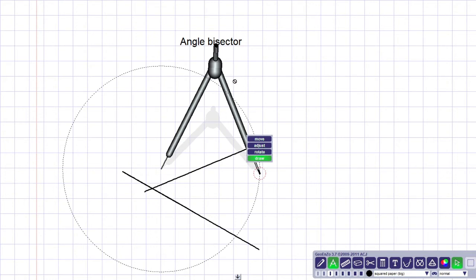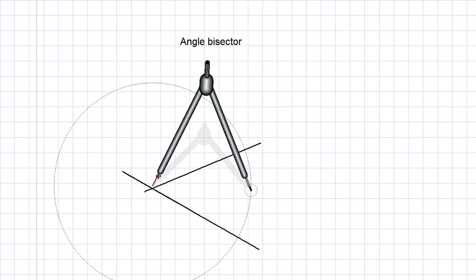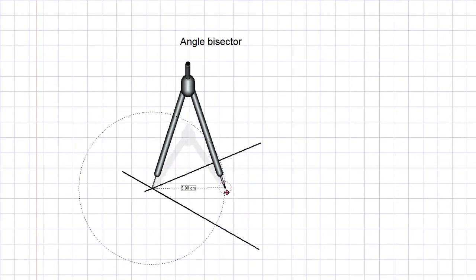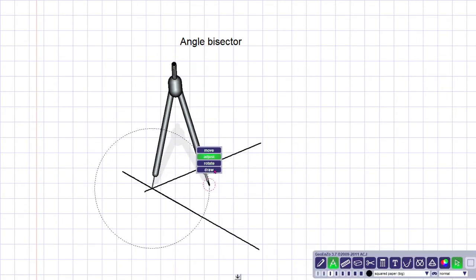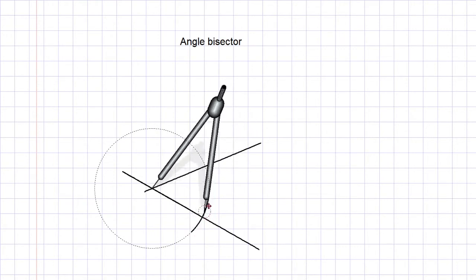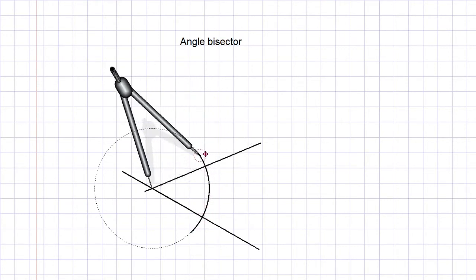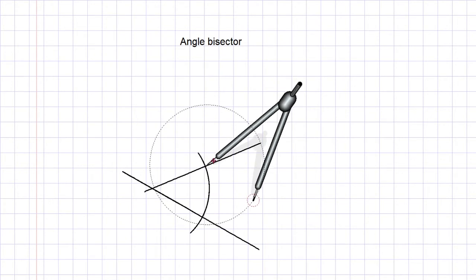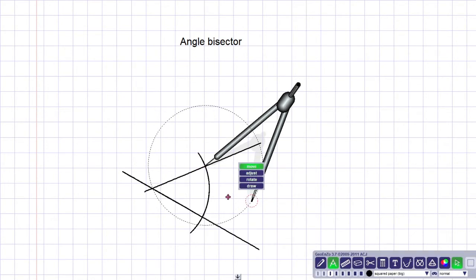Let's construct the angle bisector. Place the tip of the compass here. Adjust the compass. Draw an arc crossing both fixed straight lines, crossing both arms. Now take the compass to here. Place the tip of the compass at this crossing point and draw one arc.